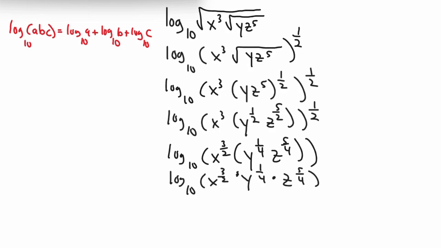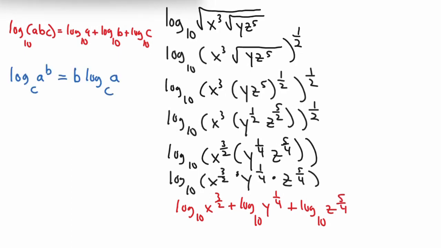So here's another property. The log of three variables multiplied together is the sum of the individual logs. Log base 10 of x to the 3/2 plus log base 10 of y to the 1/4 plus log base 10 of z to the 5/4. From here we can use that exponent property again.